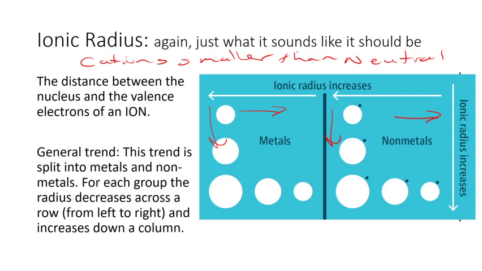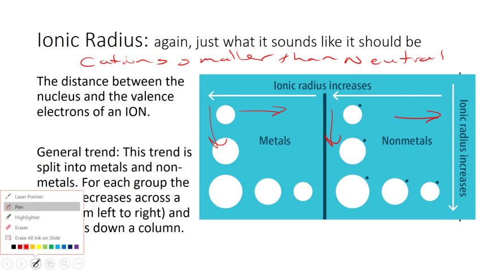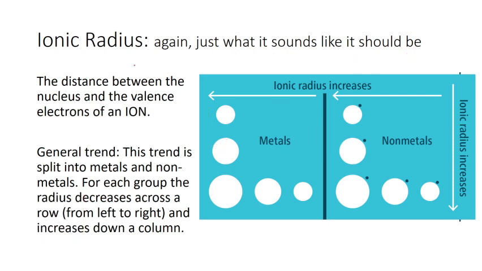Right, and why this is, is because to make a cation, a positive ion, you are losing electrons, right? And as you lose electrons, you don't lose protons. The pull on those electrons gets stronger, and the radius decreases. Now, it's going to be the opposite for anions. Anions get larger than neutral.